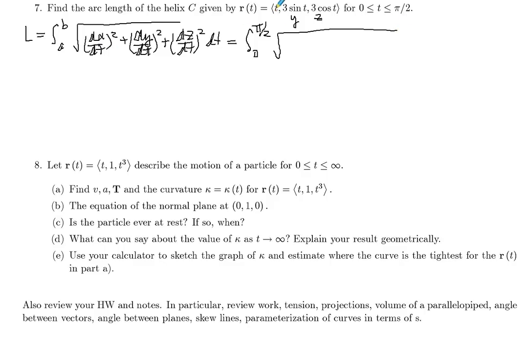dx dt, x is equal to t, so dx dt is 1, and that gets squared. y is 3 sine t, so dy dt is going to be 3 cosine t, and that gets squared. And then z is 3 cosine t, so dz dt is going to be, derivative of cosine is negative sine, so this will be a negative 3 sine t, and that guy gets squared.